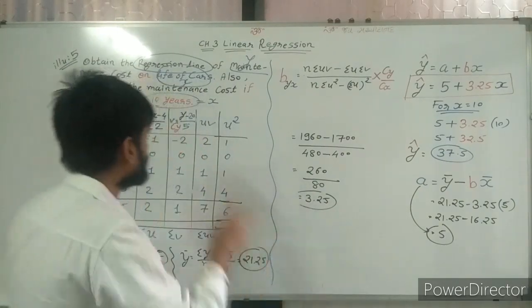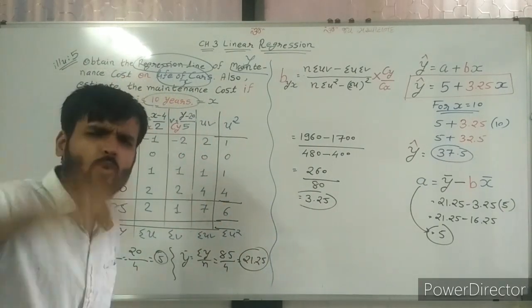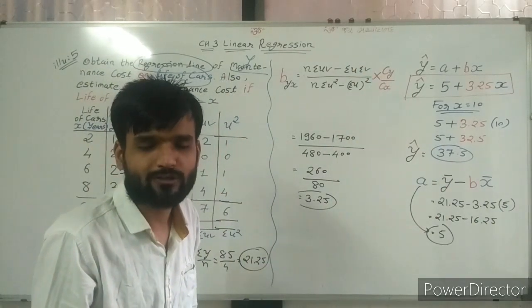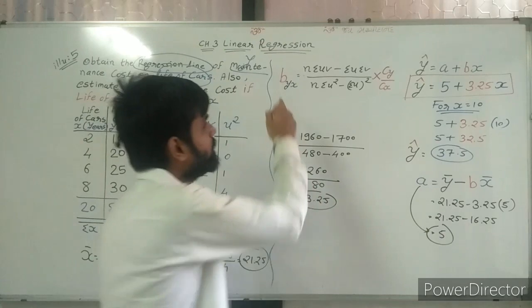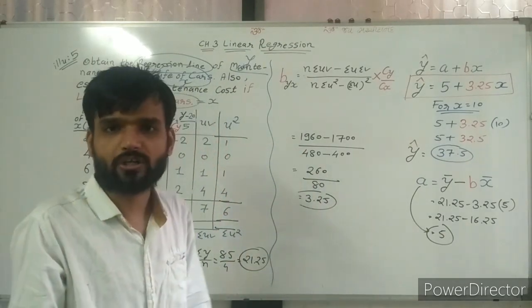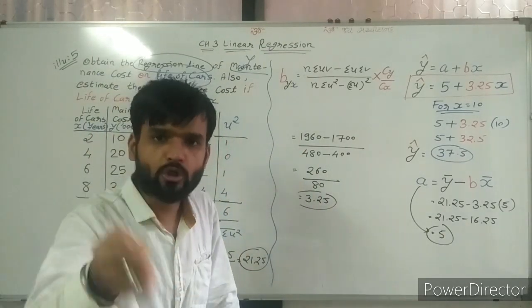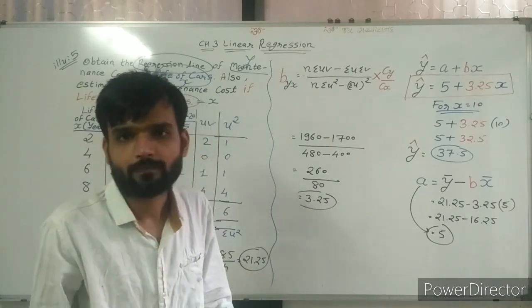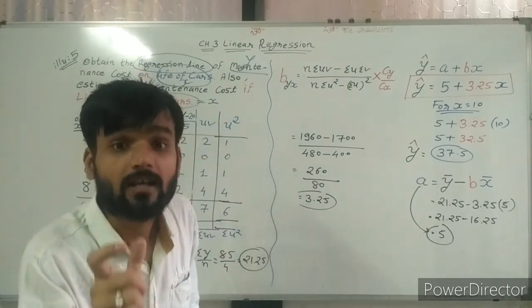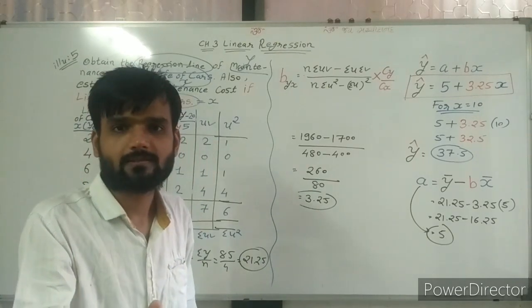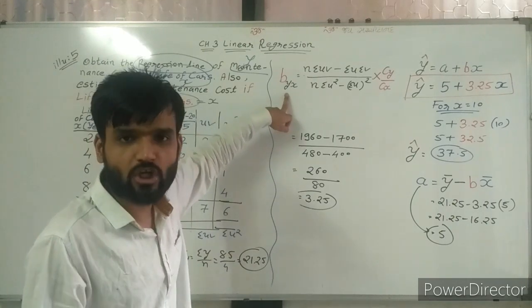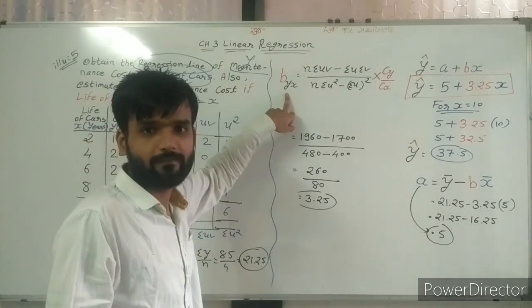So one change: whenever you are dividing, you have to write it in multiplication, because the value of b, the regression coefficient, always changes due to division and multiplication. That we can say is due to scale changes.